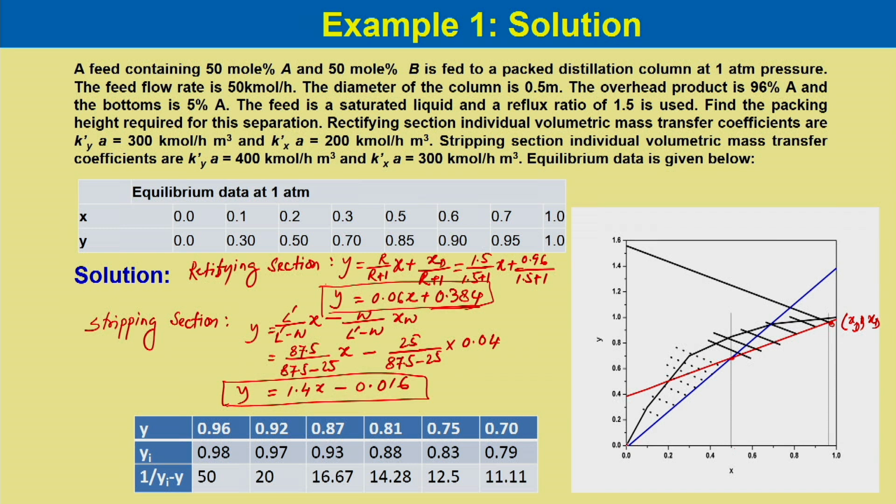So, there will be a 45-degree diagonal over here. And once we locate this point with the intercept on the y axis, that is 0.384, we can draw the operating line for the rectifying section.